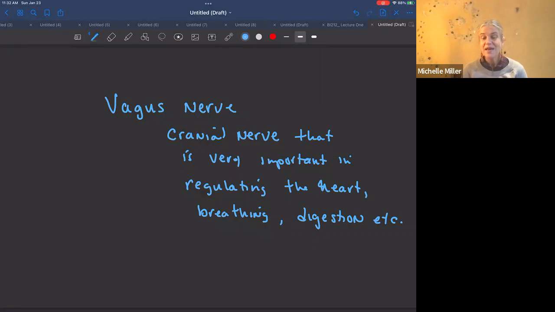Sometimes you might have heard of vagal nerve stimulation. We're going to talk about this, but it's the parasympathetic, the rest and relaxation nerve in your body. So this vagus nerve plays a really important role in regulating autonomic, unconscious function of the organs in your body.